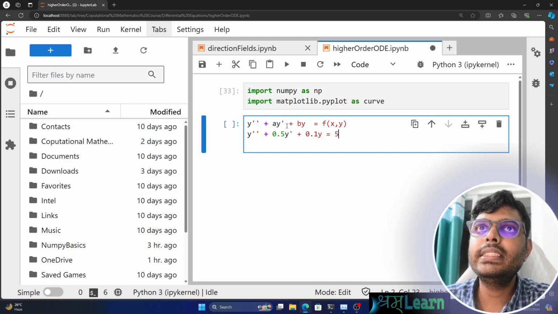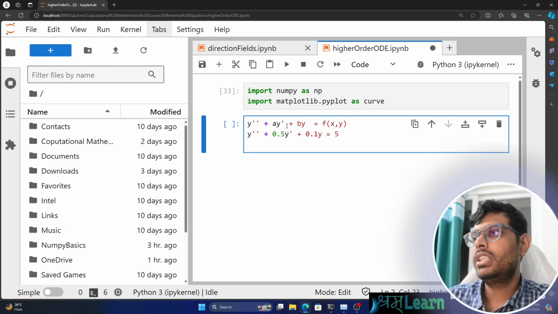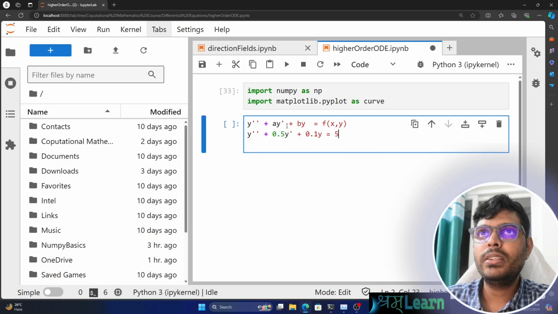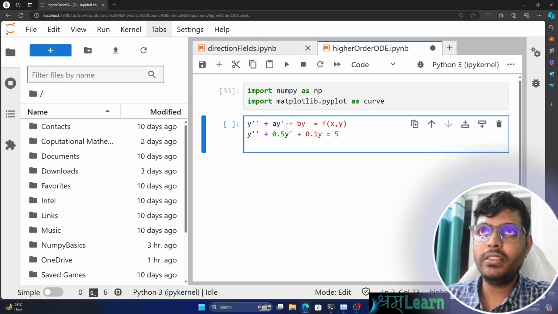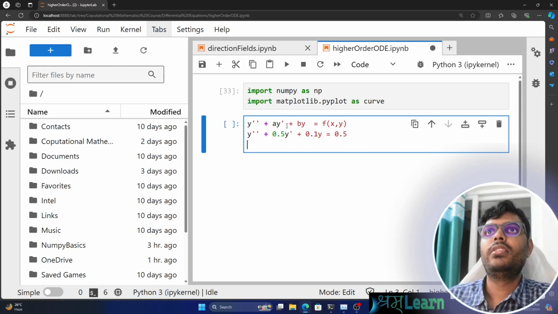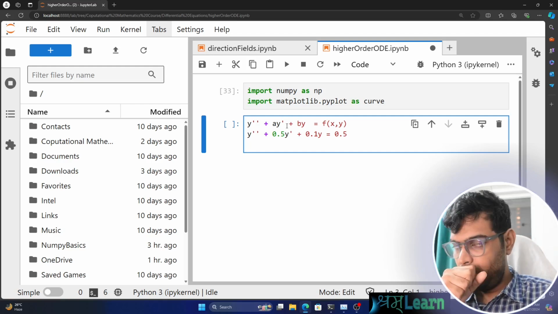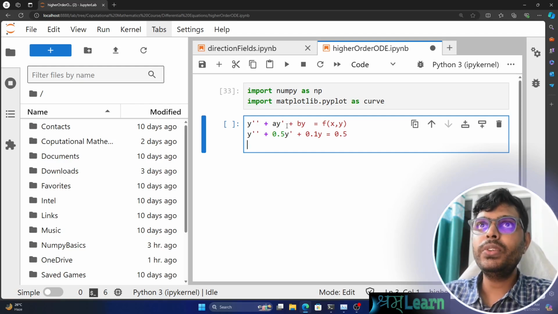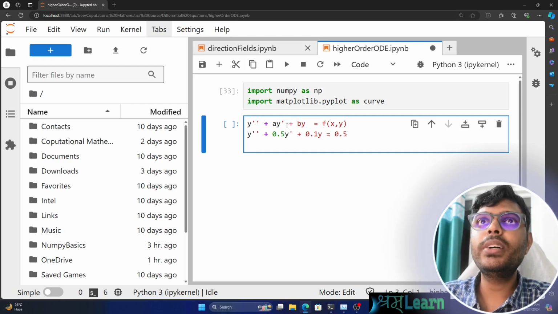That is pretty much understood. Okay, so that's 5, good enough, or 0.5, right?